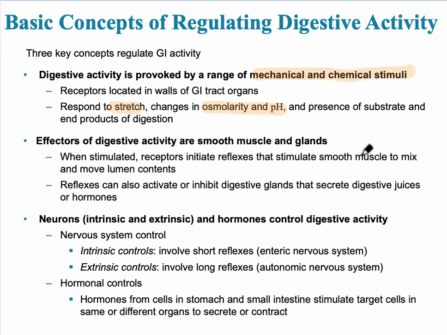There are also the effectors of digestive activity, which are the smooth muscle and the glands. When stimulated, the smooth muscle mixes and moves the contents within the GI tract. And the last would be the neurons, both inside the gut, intrinsic, and outside the gut, extrinsic. There are short reflexes and long reflexes that control that.